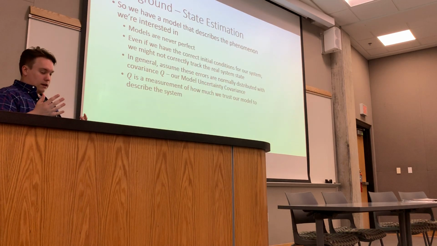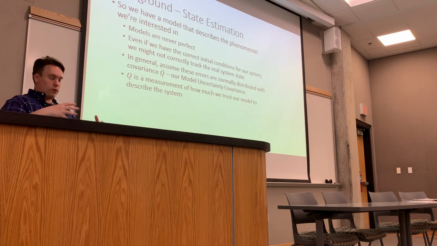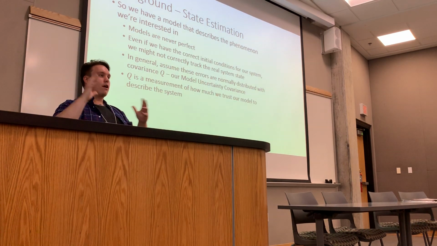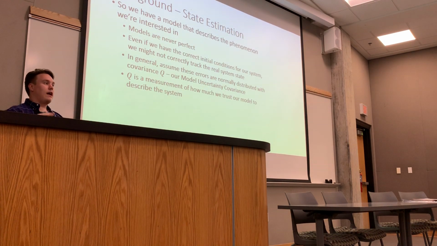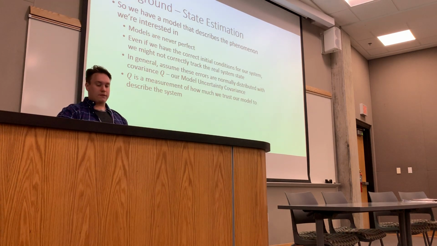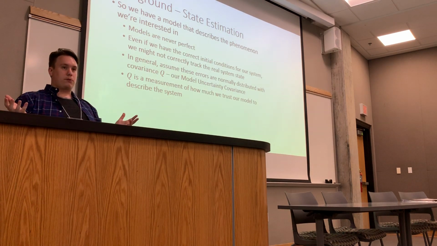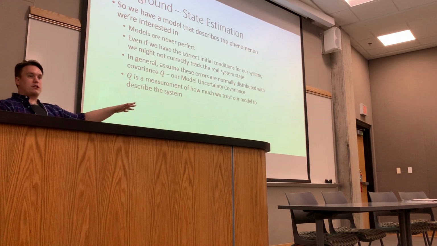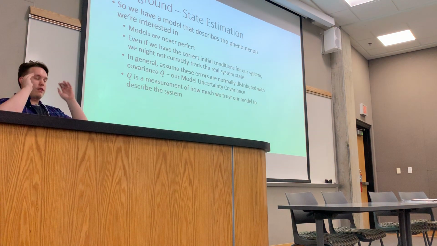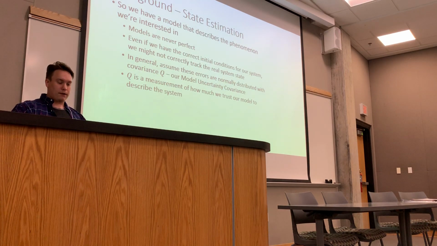And we're going to assume that these errors, these differences between how our model predicts things will behave and how the actual thing behaves, are a normally distributed random variable with this covariance Q, and Q is just a measure of how much we trust the model to be telling us what's actually happening.